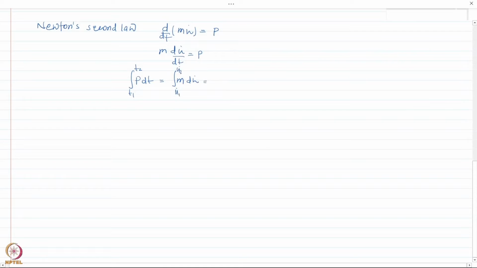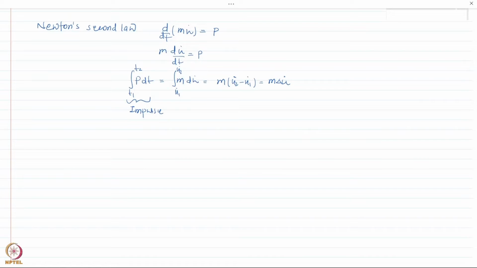So I can write this as m times u2 dot minus u1 dot, which is nothing but m delta u dot. This term that you see is the time integral of force, what we define as impulse. And as you can see from this expression, impulse is basically the change in momentum.